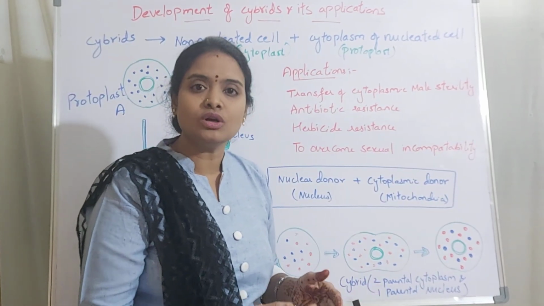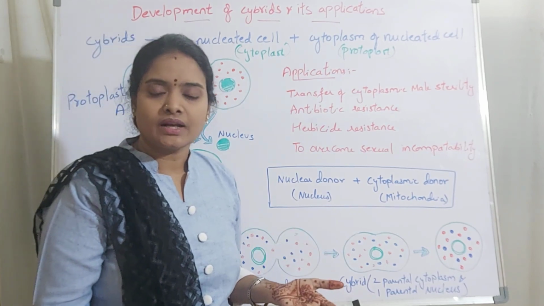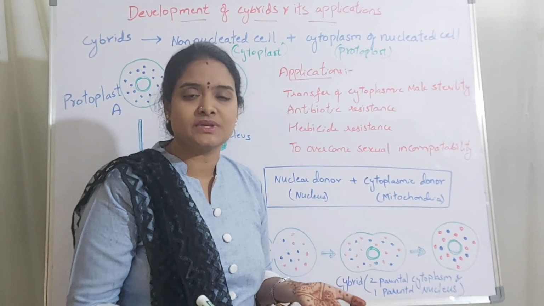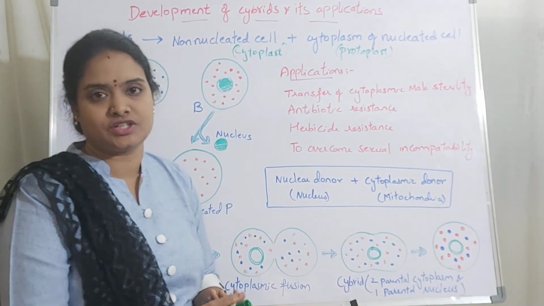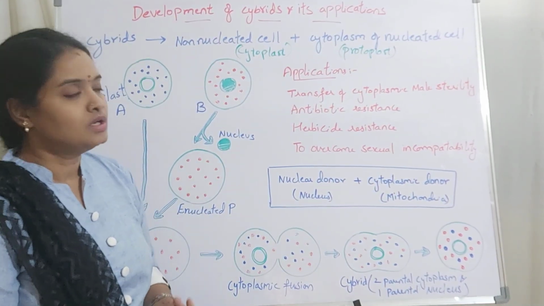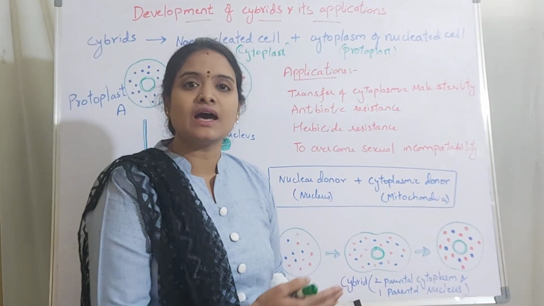I told you, in case of plants belonging to two different genera or two different plant species, there is no compatibility or no possibility of pollination. So when there is no possibility of pollination also, you can produce a plant which has both the characters.